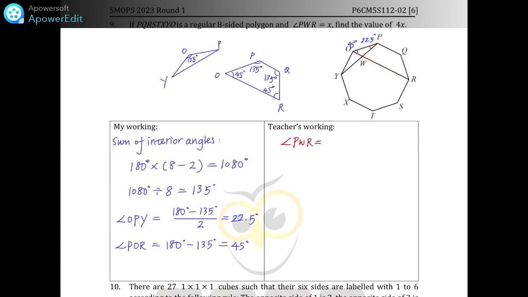So PWR is 45 plus 22.5 equals 67.5 degrees. That's the value of x. We are looking for 4x. So 4 times 67.5, the answer is 270. That's for question 9.